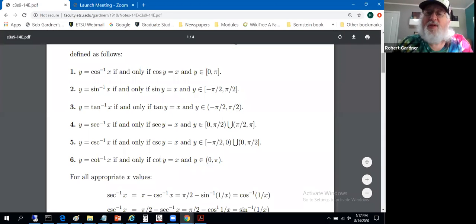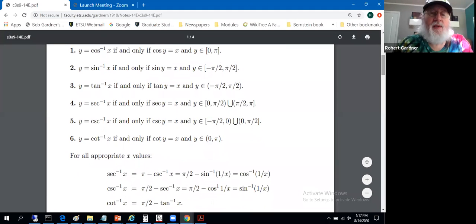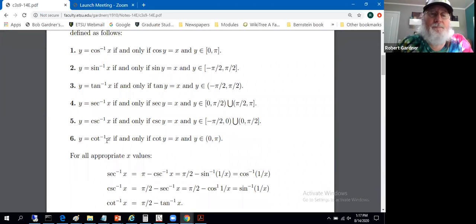And so forth. Secant inverse, cosecant inverse, cotangent inverse. Let's look at the last one. Y equals cotangent inverse of x if and only if the cotangent of y equals x and y is between 0 and pi. Okay, so we're smooth sailing on 1, 2, 3, and 6. Secant inverse and cosecant inverse: shockingly, there's not even a universal agreement on how to define these sometimes, especially the secant inverse.